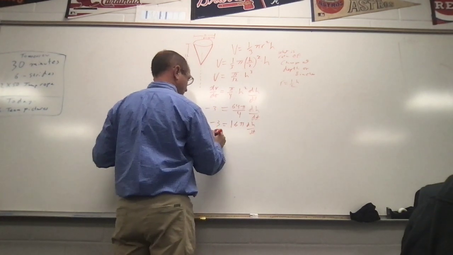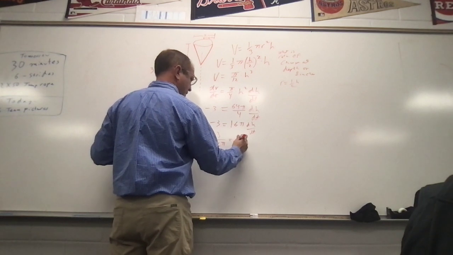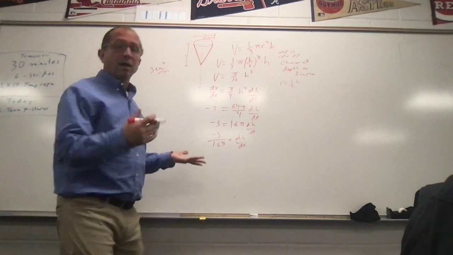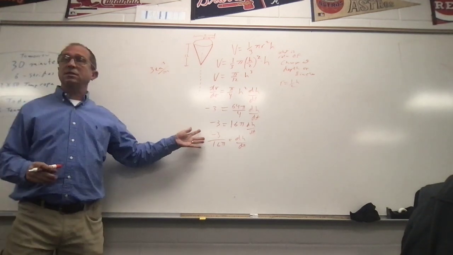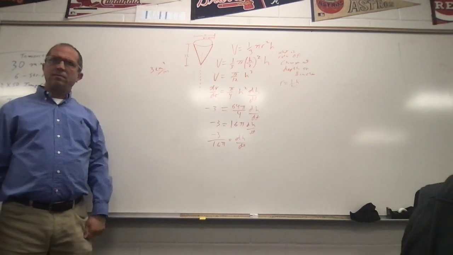So -3 over 16 pi equals dh/dt. And again, we could leave it like that, or we could get the decimal approximation there. But it should make sense that this is negative, because why? The water level is dropping.